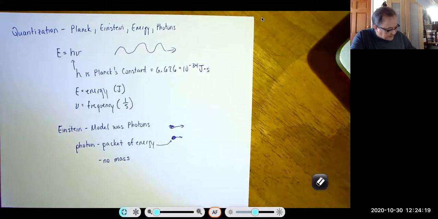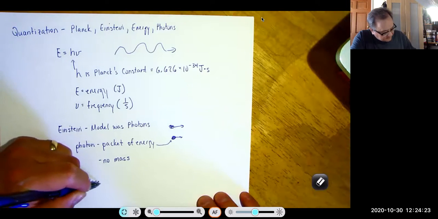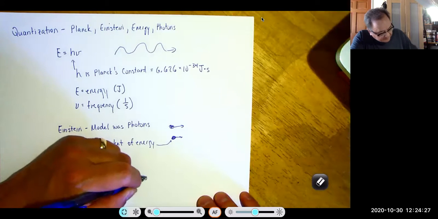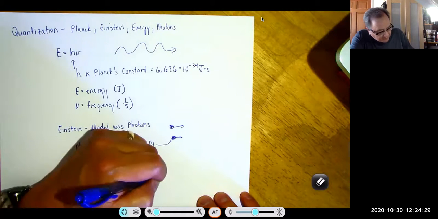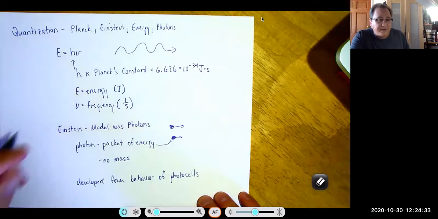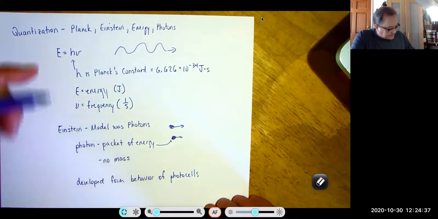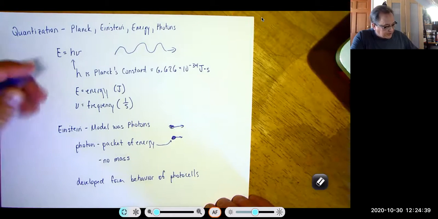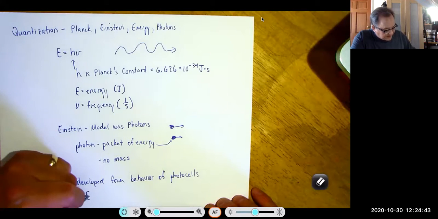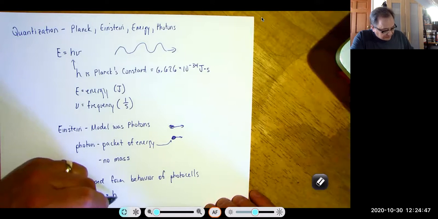And he developed this idea from the behavior of something called photocells. And I'll let you read about that in your book. But the rub of it is that for Einstein's model, we still get to use E, but this is the energy of one photon, h nu.